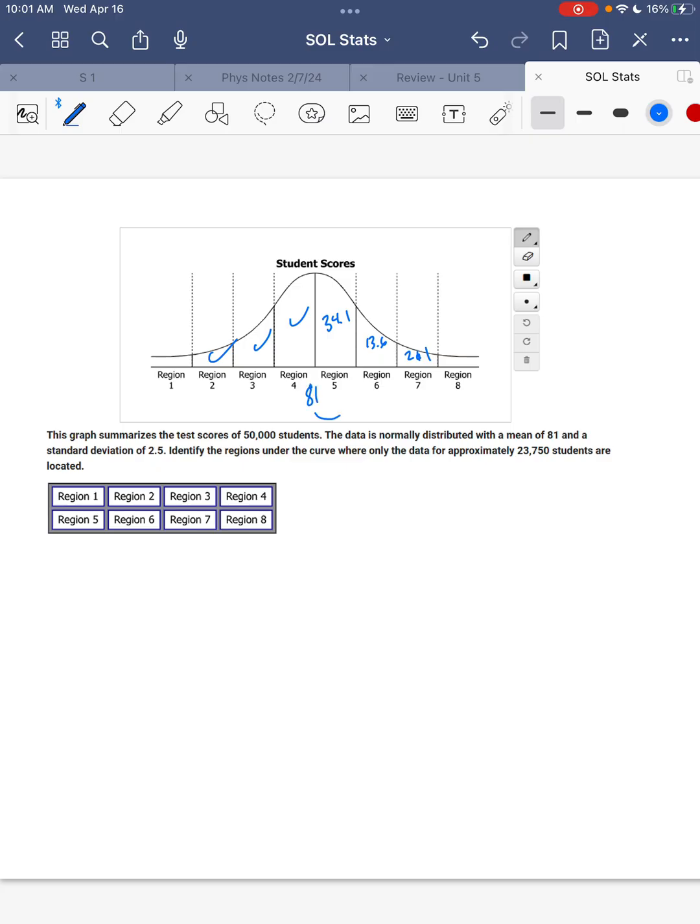So this is 81, and I'm going to go up by 2.5 every time I go to a new bar. Identify the regions where only the data for approximately this many kids are located. So it's this many out of 50,000. So I need to know what that is. So 23,750 divided by 50,000. Because they're asking me for a certain percentage, and I need to know that percentage.